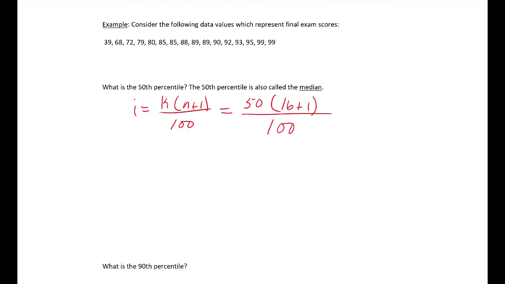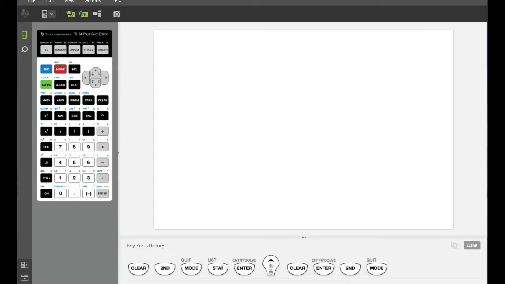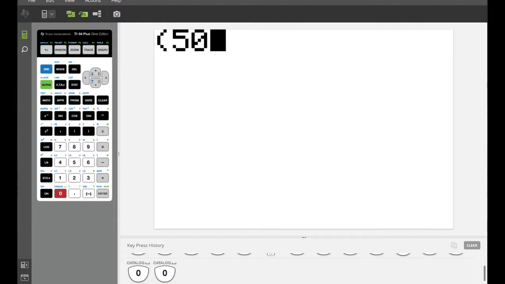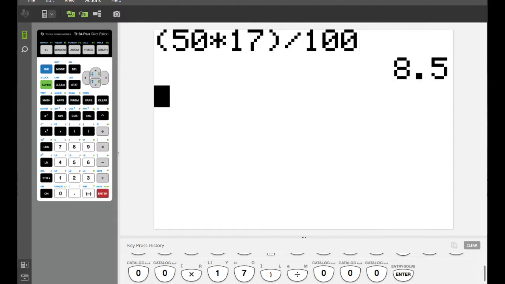Let me go to my calculator. Let's do parentheses, 50 times 17, and that quantity needs to be divided by 100. And there we get 8.5.